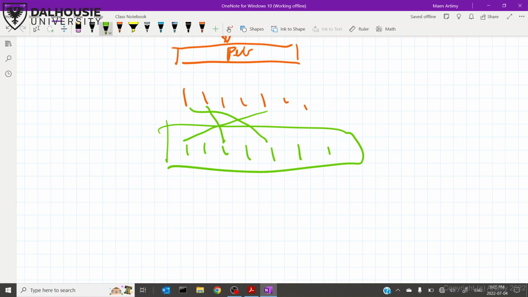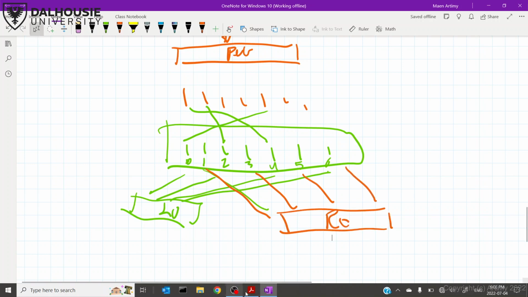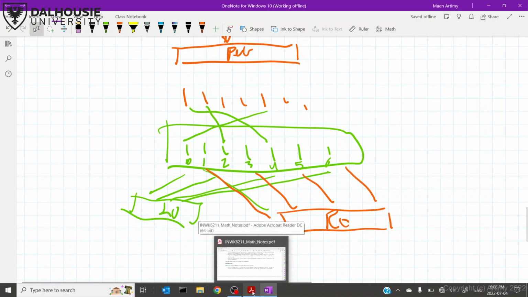If we number these positions as position 0, position 1, position 2, 3, and so on, the even ones, so 0 and 2 and 4 and 6, will represent L0, and the odd ones, let's do them in red, will be R0 initially, right? So that's the first round.